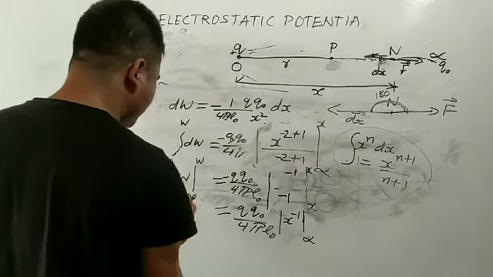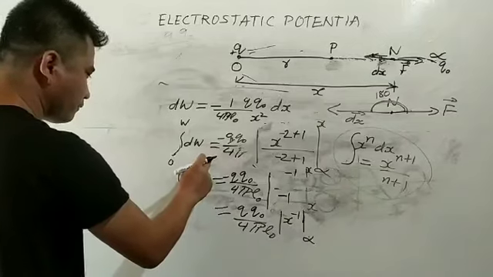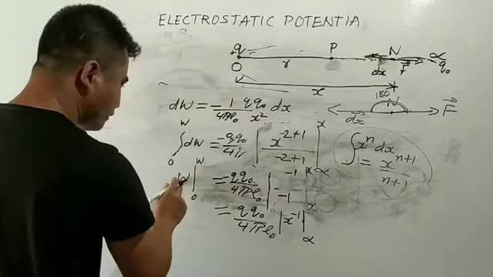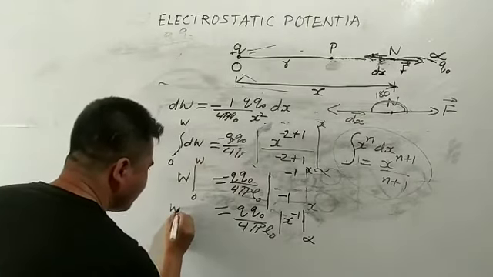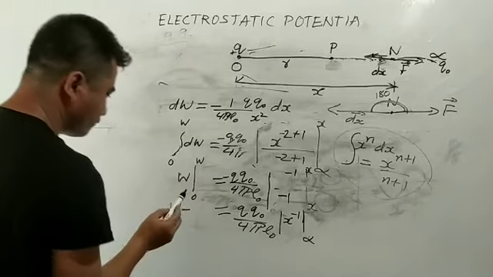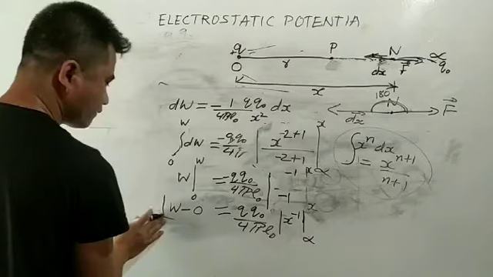Now here, you have to take final minus initial. In place of W you have to put this W minus, in place of W you have to put 0. You already know this, right?